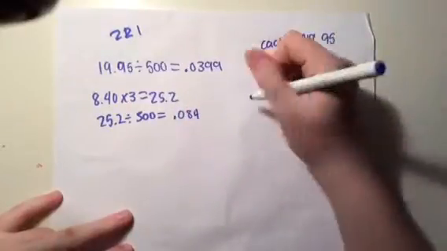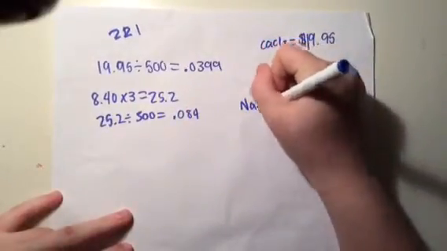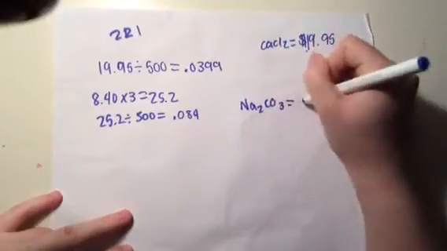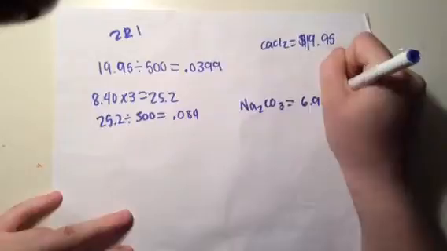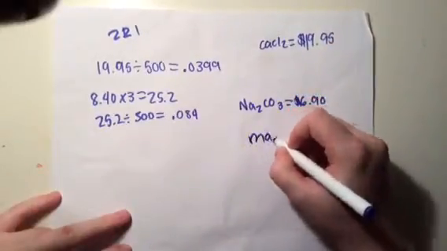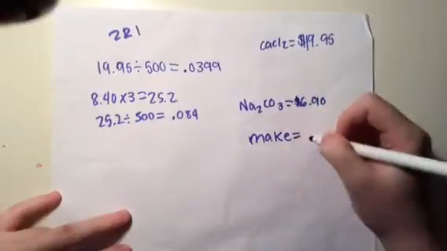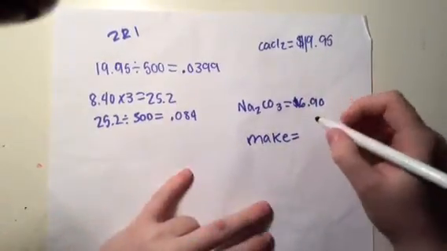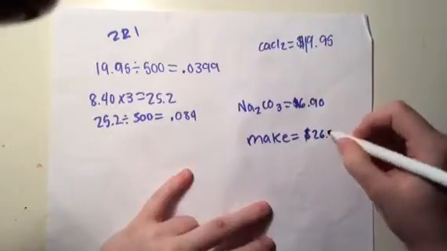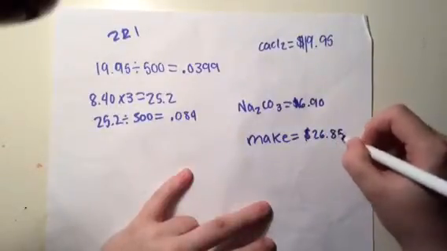So you don't need to do any math because it's cheaper to get the $6.90. So to add that up to make it, it would equal $26.85.